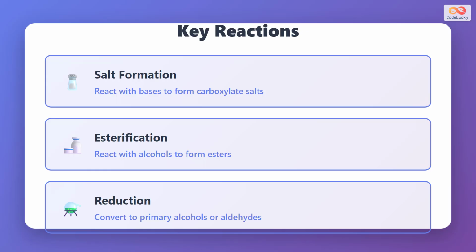Esters are important compounds with pleasant fragrances used in perfumes and flavorings. Third is reduction, where carboxylic acids can be reduced using strong reducing agents to form primary alcohols or, under specific conditions, aldehydes. These reactions make carboxylic acids versatile starting materials in organic synthesis.